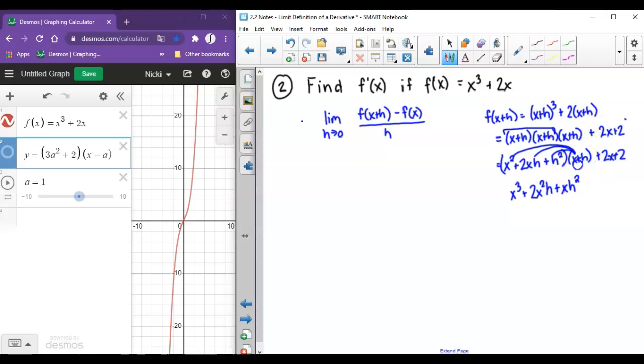Then you have to distribute your h, so that'll give you plus x squared h plus 2xh squared plus h to the third, and then I'm running out of room, plus 2x plus 2.